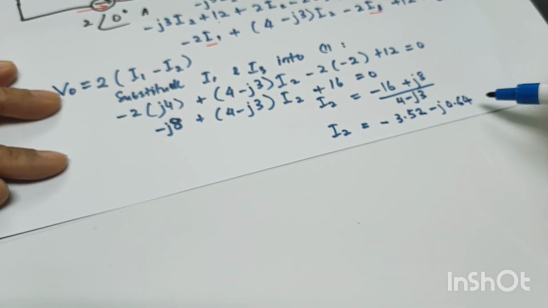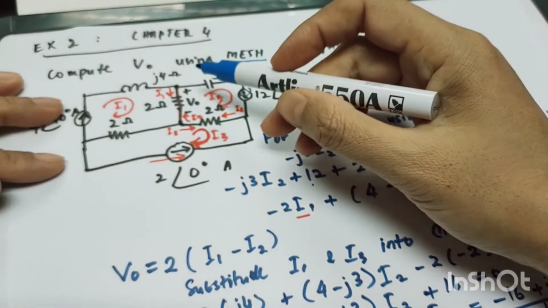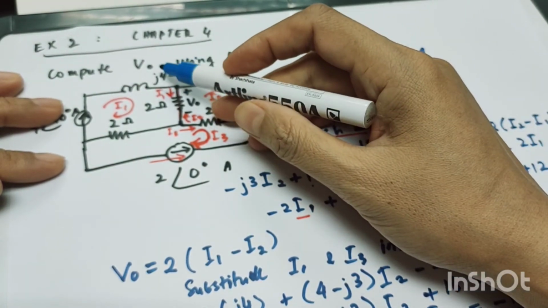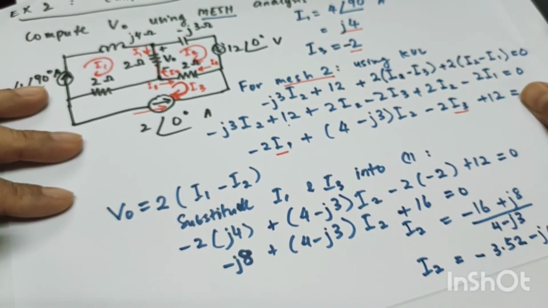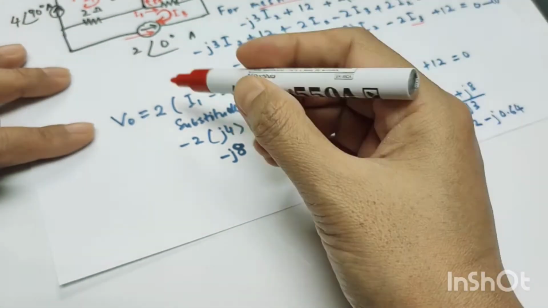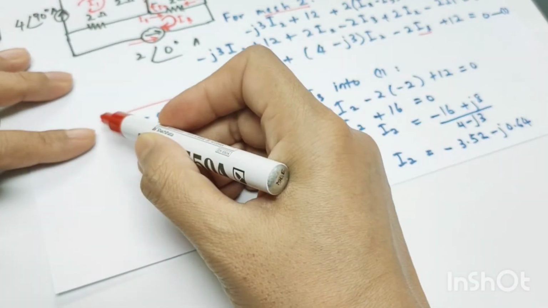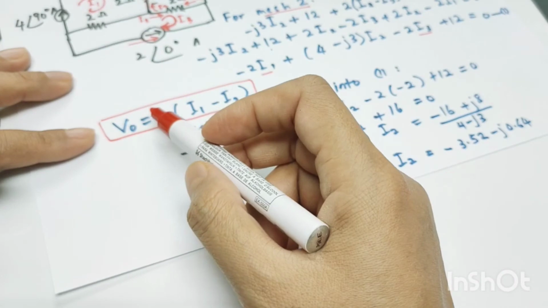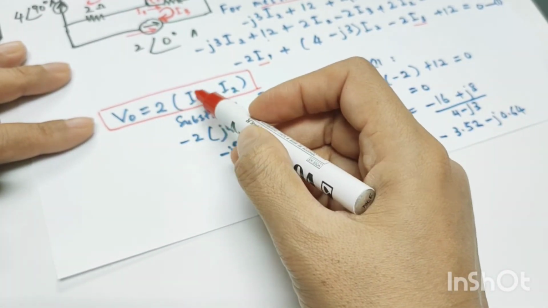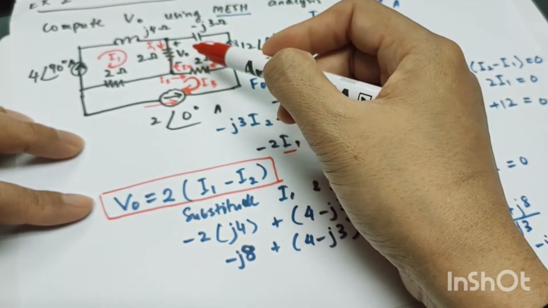Okay, so now we can solve for V0. The question is asking to find V0. So go back to the equation that we found just now: V0 equals 2 times I1 minus I2. We get this from the circuit.